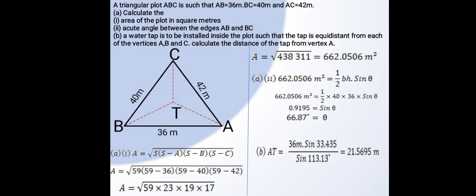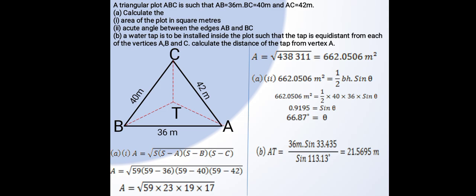A triangular plot ABC is such that AB is 36 meters, BC is 40 meters, and AC is 42 meters. Calculate 1. The area of the plot in square meters. Now, since we have been given all the sides, we shall use Heron's rule to calculate the area.